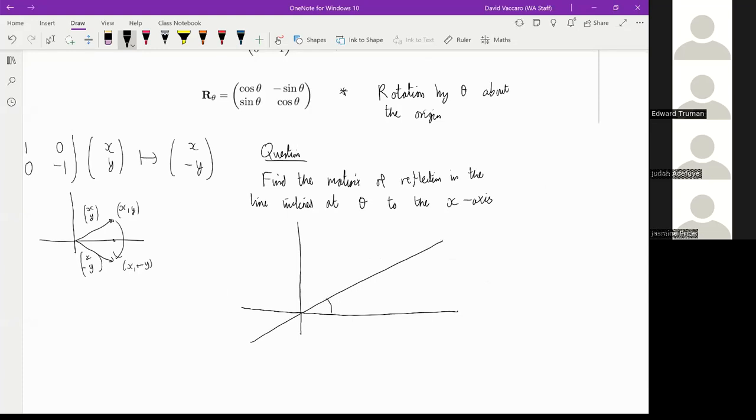So here's the angle theta. And what I want is the matrix that represents reflection in that line.